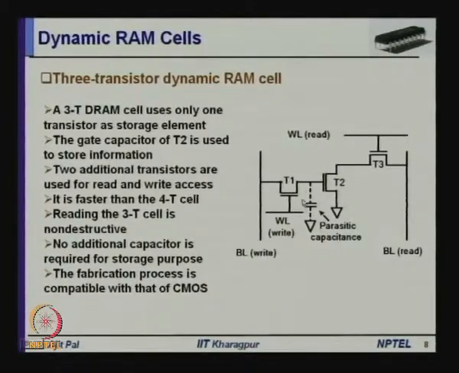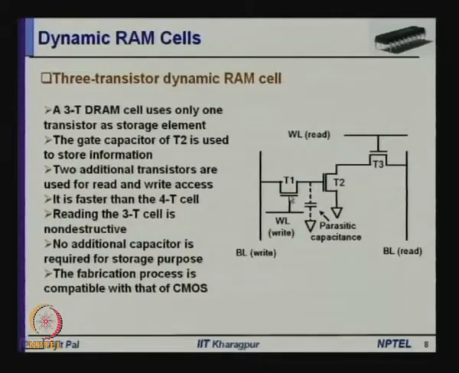So, the gate capacitance of T2 is used to store information. Again, it is a parasitic capacitance, you are not adding any external capacitor there. However, you will require 2 additional transistors T1 and T3 for the purpose of writing and reading.